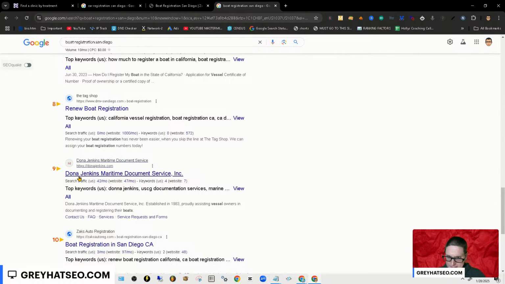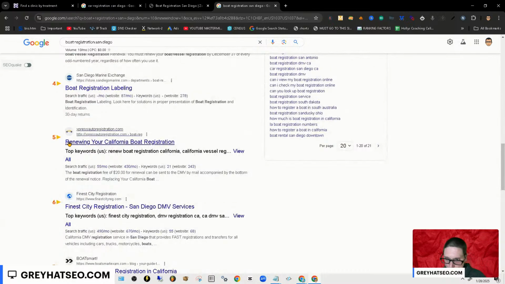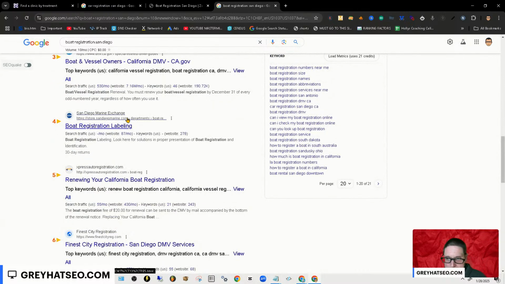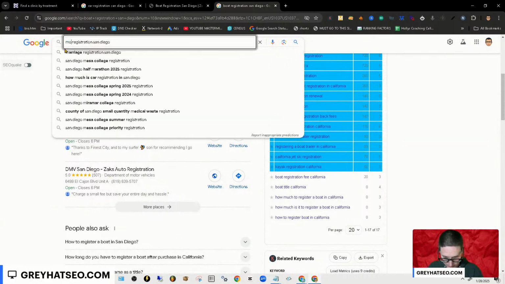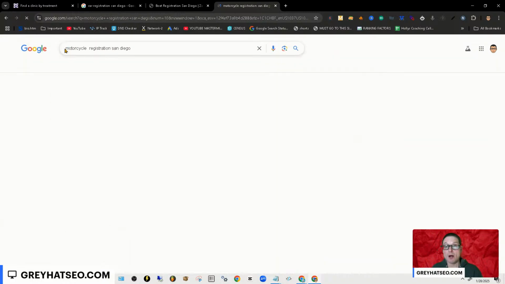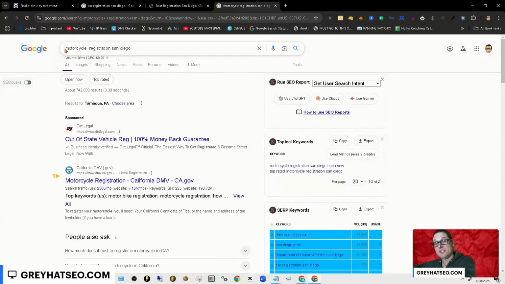So when we come over here, we can see homepage, top level page. We have a siloed page. This company is doing it with information. This is a home page, top level page, top level page, top level. Okay. Now what we're going to do is look up motorcycle. See, these are the multi-service, multi-locations that we provide these services in.